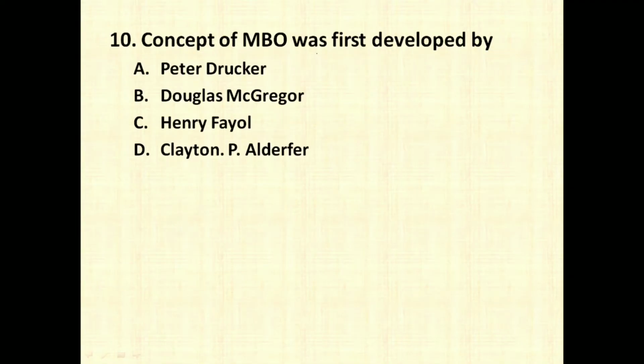Concept of MBO was first developed by: Peter Drucker, Douglas MacGregor, Henry Fayol, Clayton Alderfer. So right answer is option number A, Peter F. Drucker. So MBO stands for Management by Objectives. It is a popular concept which is given by Peter F. Drucker.